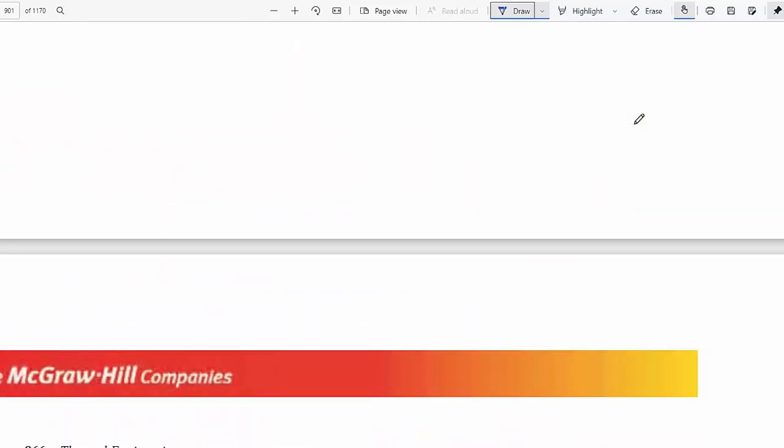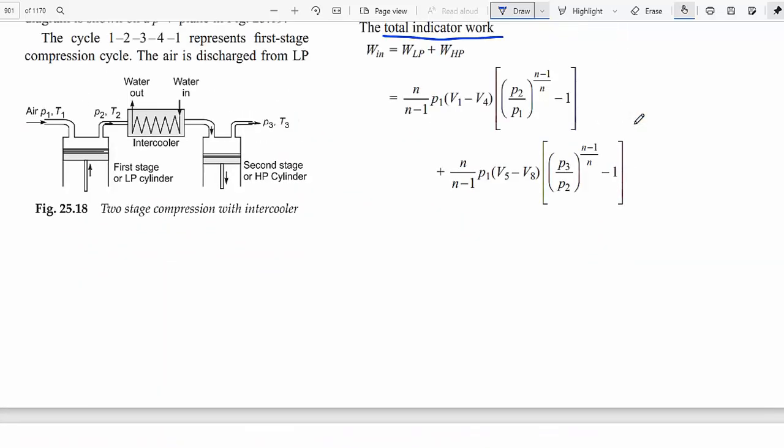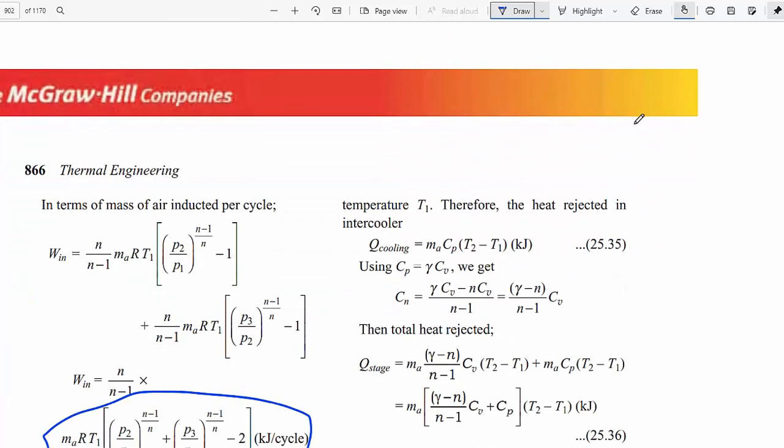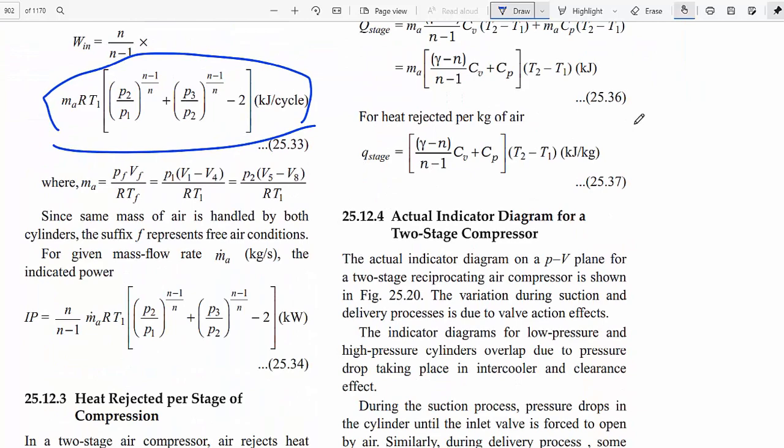equal to terms with V1 minus V4 and V5 minus V8. This is the form of the earlier formula, but here I write only m R T1. So where is the conversion from V1 minus V4 to temperature? It is like this. m_a is calculated through these terms.